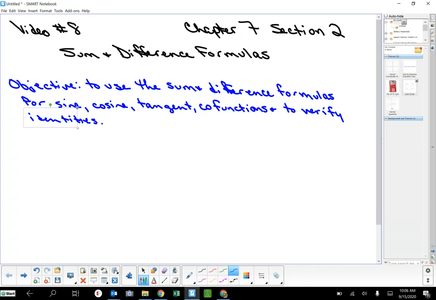And we'll explain in a little bit what these sum and difference formulas actually are. But here's kind of a generic statement.